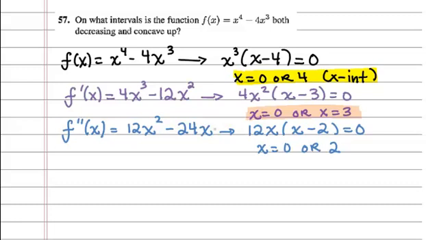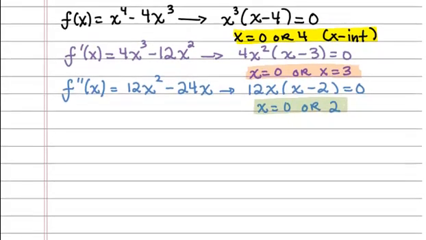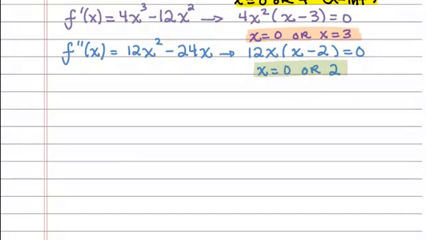Now, to get a general idea of what this graph is going to look like, what I'm going to do is take all of these important points, 0, 3, and 2, in other words, the places where the first and second derivative were equal to 0, and use those boundary points to set up intervals that I'm going to check. And to organize all of my data, I'm going to make myself a number line here.